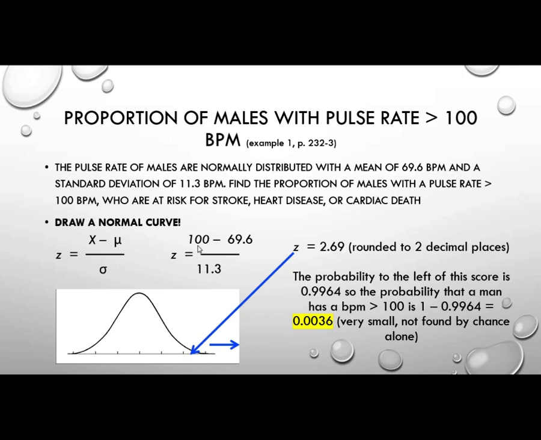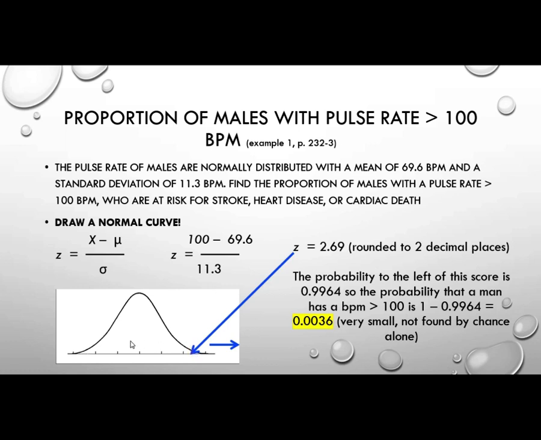We know that we're looking for a score of 100 minus the population mean, which is 69.6, divided by the standard deviation, which was given as 11.3. We do this calculation and we find a z-score of 2.69. We just round. Okay, that goes about right here. So what we're looking for in our textbook is the probability.